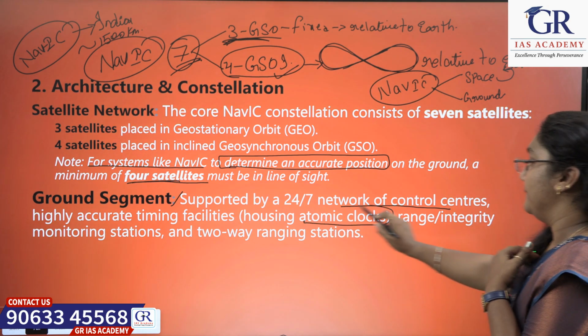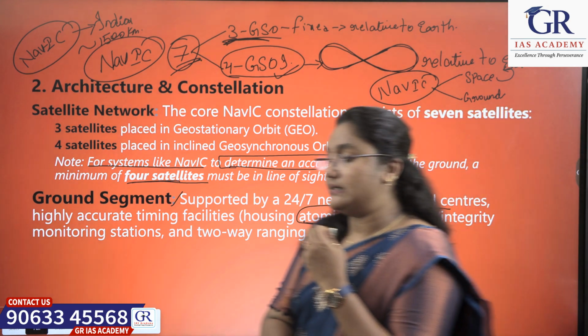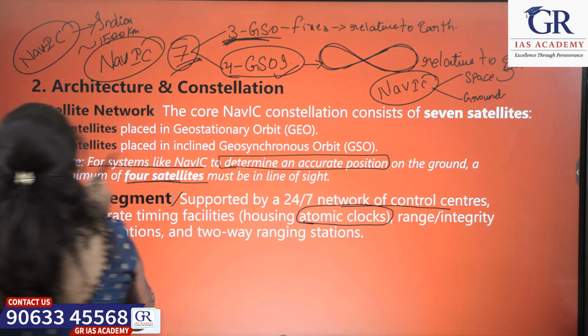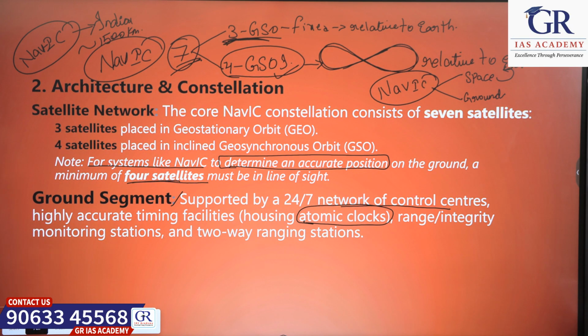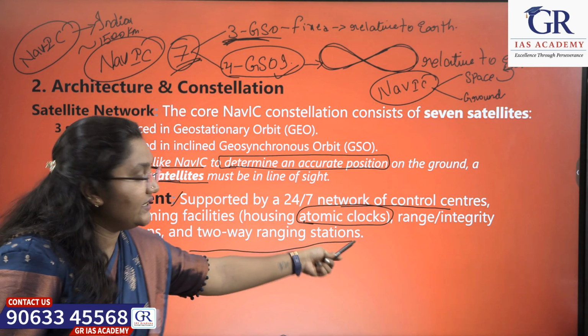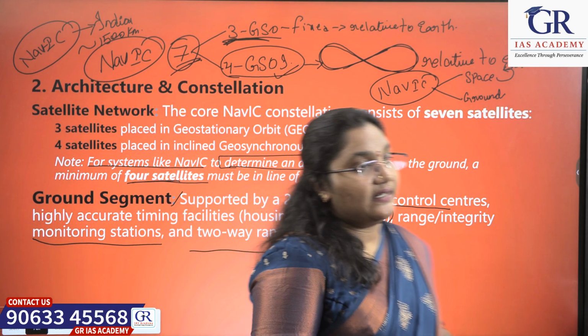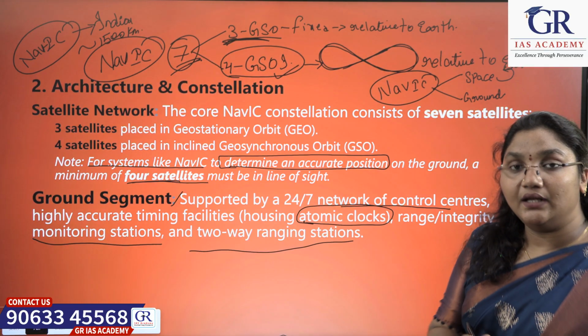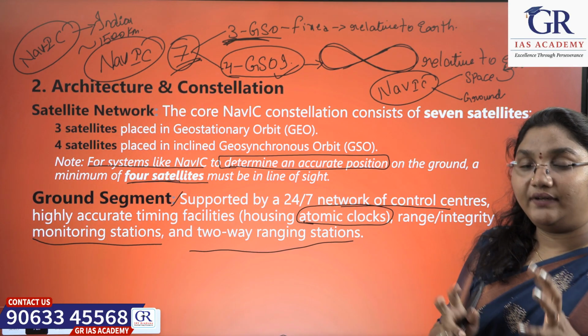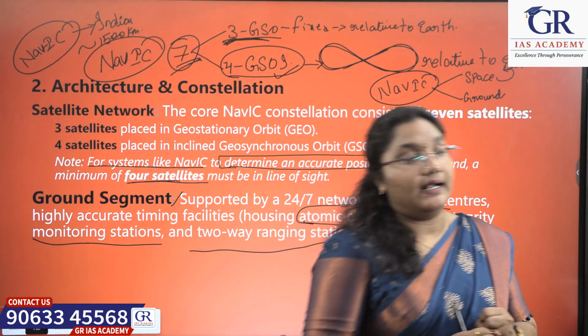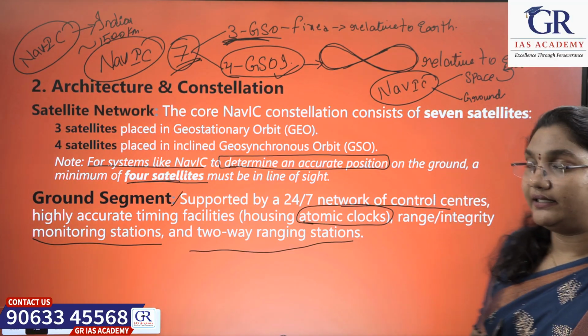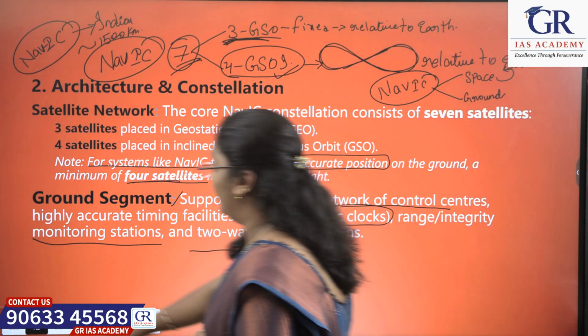Atomic clocks are used in NavIC. Monitoring stations and two-way ranging stations are also there, which provide the perfect location, altitude, longitude and latitude data of the place we want.